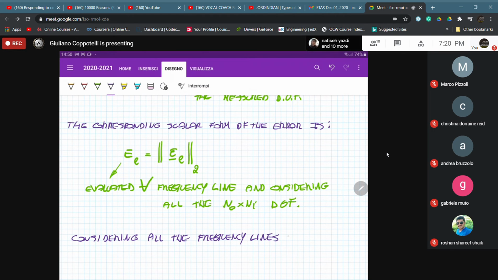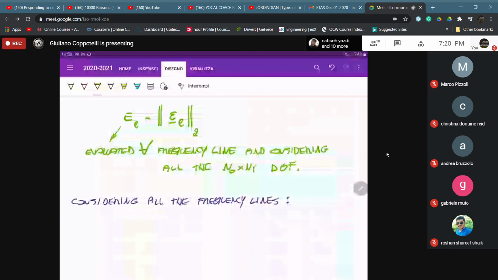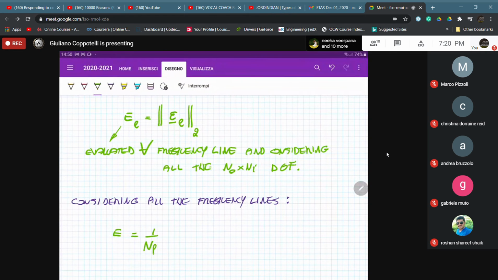Your error E is the average, for example, over L that goes from 1 to NF of your E_L, with NF, as you know, the number of lines that are available in your analysis.